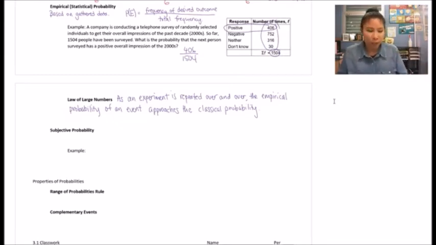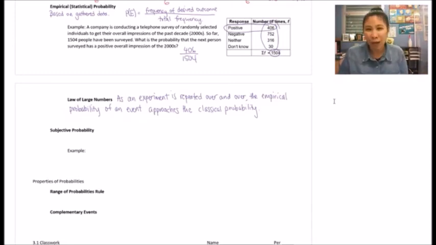That sounds like a lot of fancy words, but basically, think about flipping a coin. If you flip a coin just 5 times, the probability of you flipping heads is probably not going to be very close to 1/2, because we know that when we normally flip a coin, the probability of landing on heads should be 1 out of 2, or 50%, because one side of the coin is heads and the other side is tails.